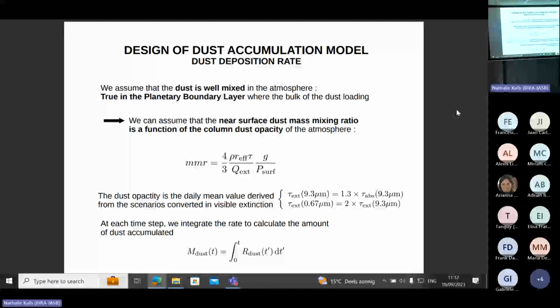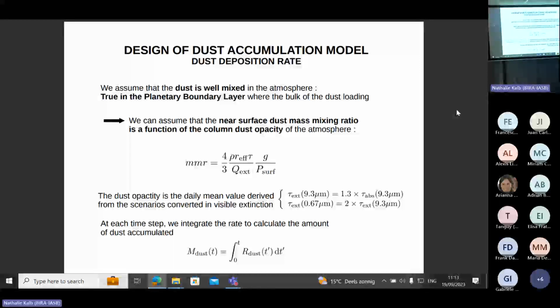And we use 2.6, so 2 times 1.3 coefficient. This value corresponds to an effective radius of 2 micrometers. That's why we use this value, but of course it depends on the size of the particles.